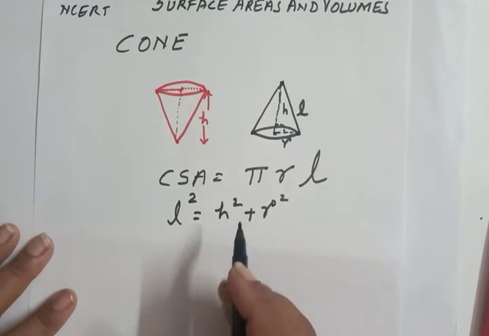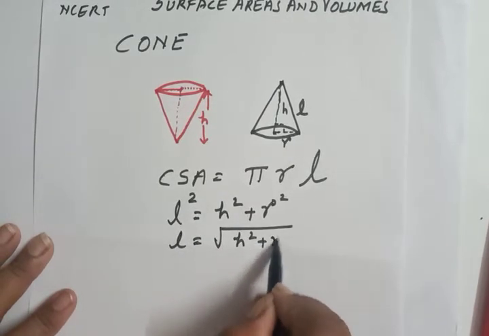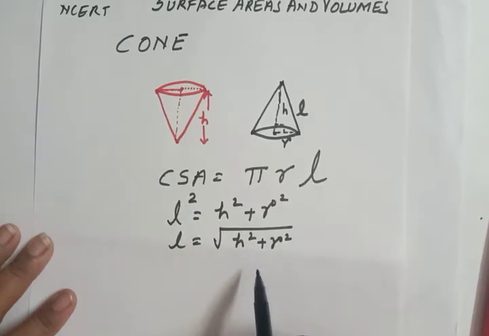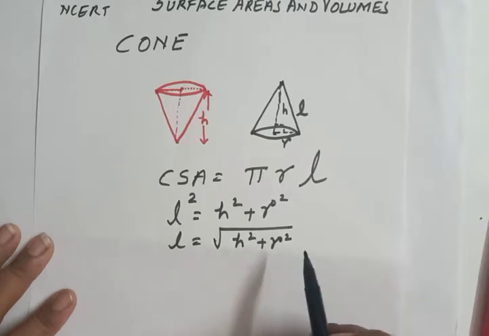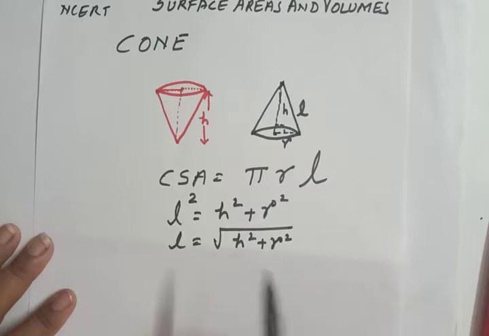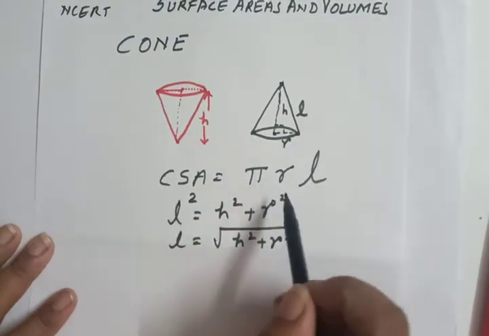So the value of l will be equal to under root h square plus r square. These are the three variables. If two are known to us and one is unknown, we can find any one of these three variables, whether it is height, or r meaning radius, or slant height. So this is what we have discussed regarding the curved surface area.